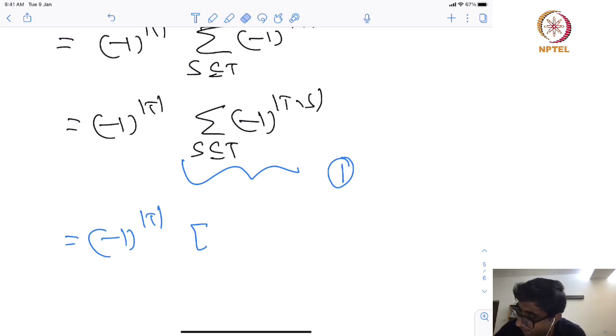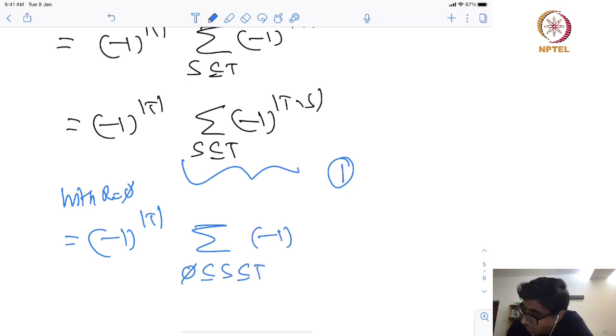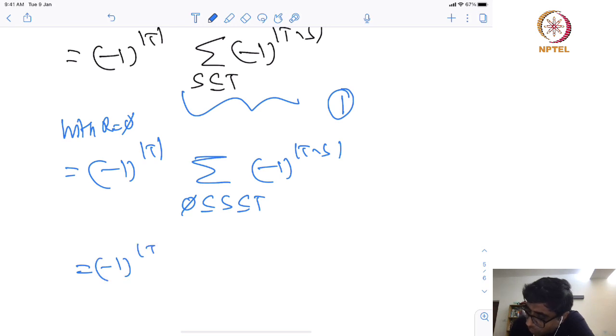And when is this term going to contribute? How am I going to apply this? I am going to apply 1 with R equal to phi. So I could have written this as the summation over S subset of T. If you apply this, then this implies minus 1 to the power T, T equal to phi.